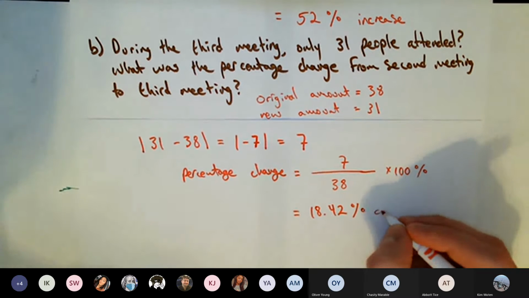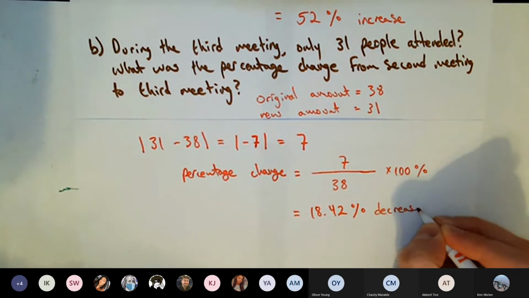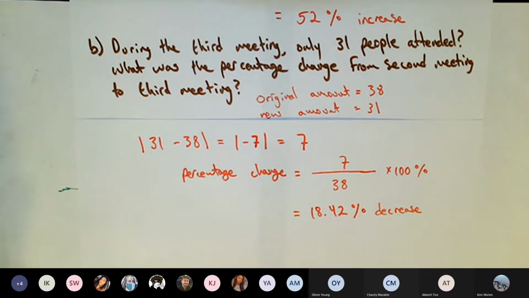And this is a decrease. From meeting 2 to meeting 3, there was an 18.42% decrease in attendance. Why do I say decrease? Well, because we went from 38 people at the second meeting to only 31 people at the third meeting. So there was a decrease.